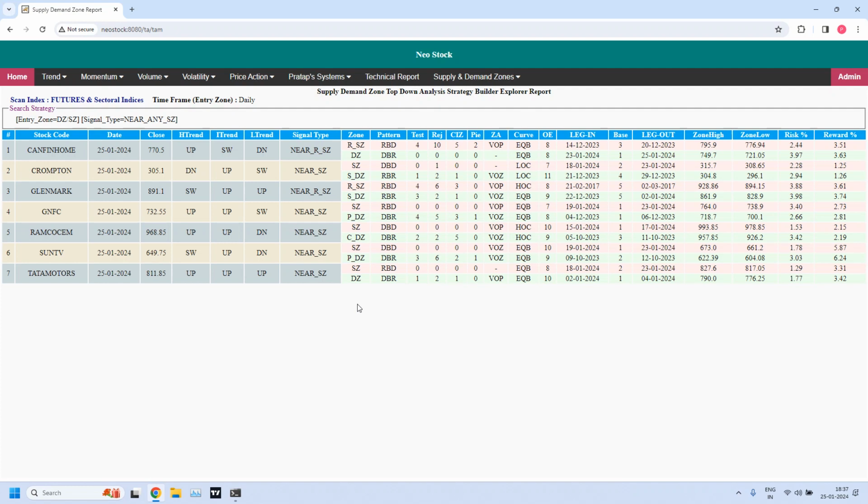That's it. We have only 2 stocks, one is Glenmark and another one is pierced. So that means we have only one stock from the daily time frame. We have one high liquidity daily supply zone from this list.